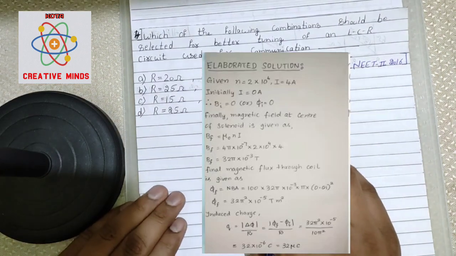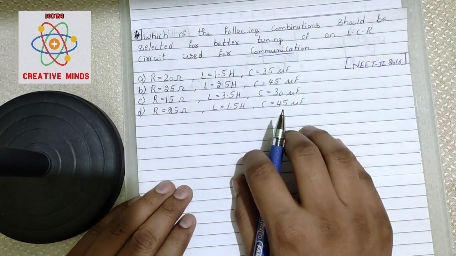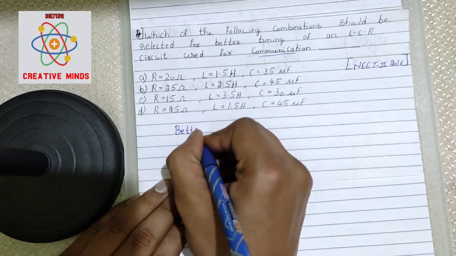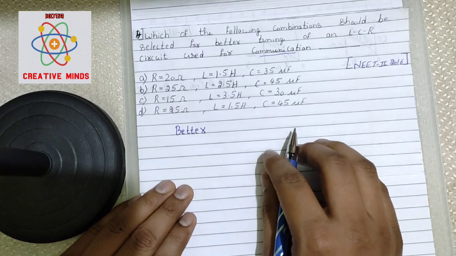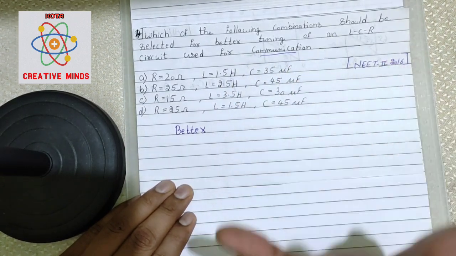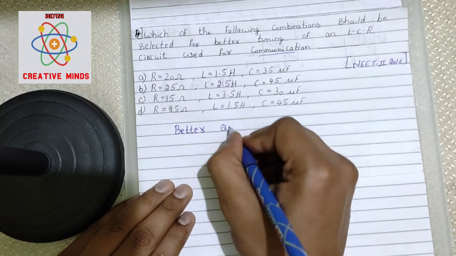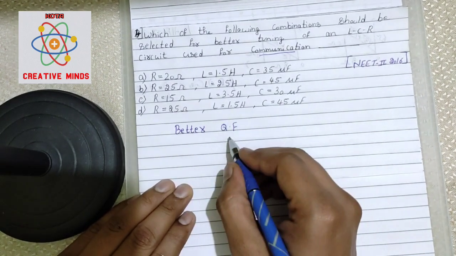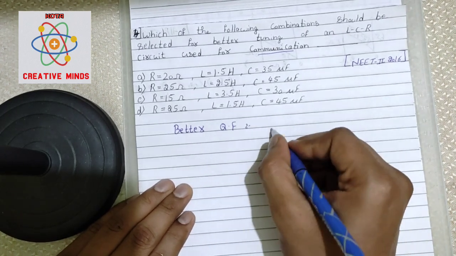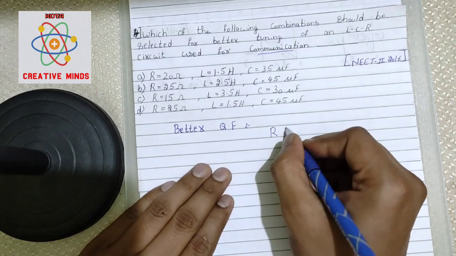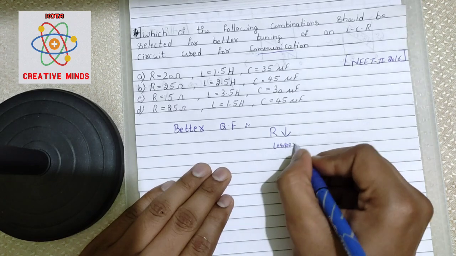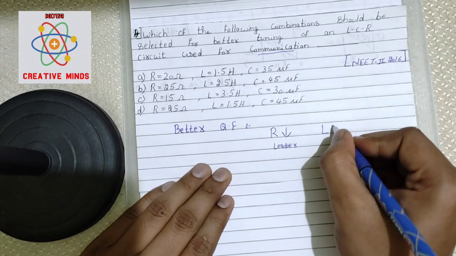Now focus here. What we need is a better quality factor. If we get a better quality factor, then the tuning of this LCR circuit for communication purpose will be awesome. So for better quality factor, we have some conditions. Resistance must be low, resistance must be lesser, then inductance must be higher.